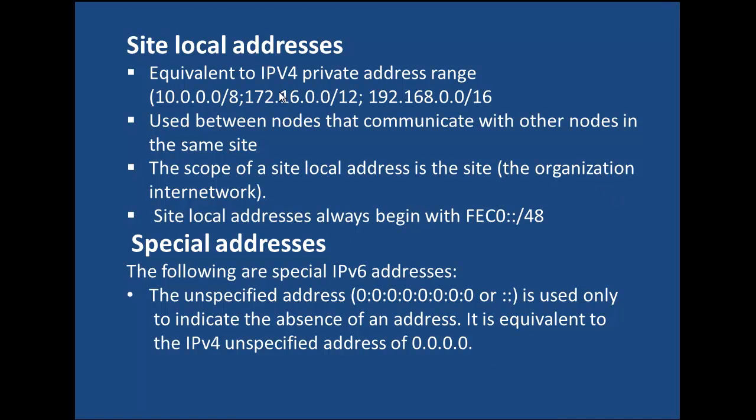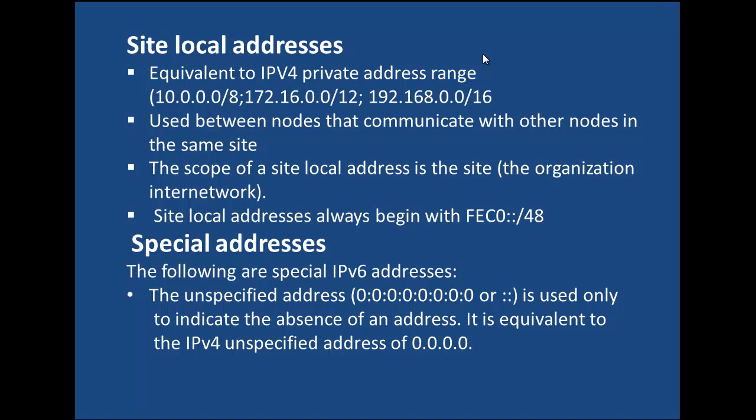Then we have the site local address, which is equivalent to the IP version 4 private address range, which would be the address range that you would use within your organization or company. So this site local address will be used to communicate between computers within the same site.